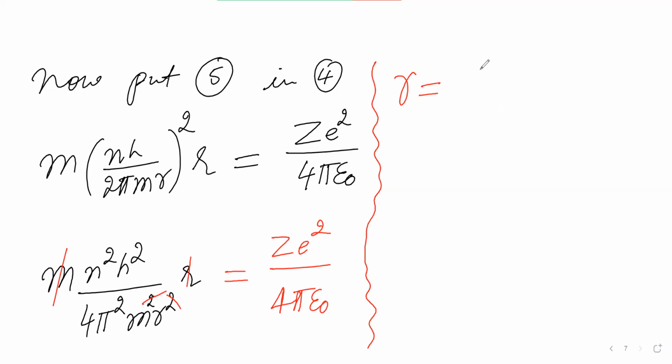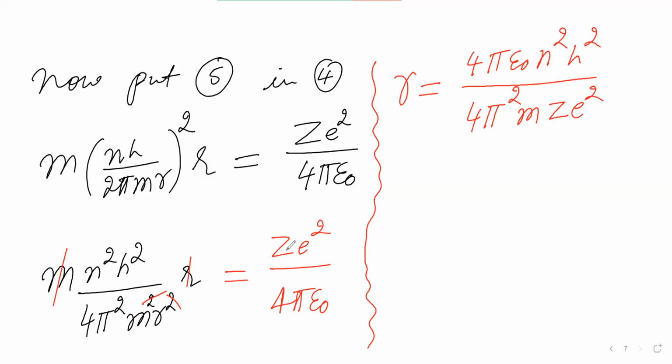R equals 4 pi epsilon naught N square H square whole divided by 4 pi square M Z E square. Correct? This Z and E square will come here.